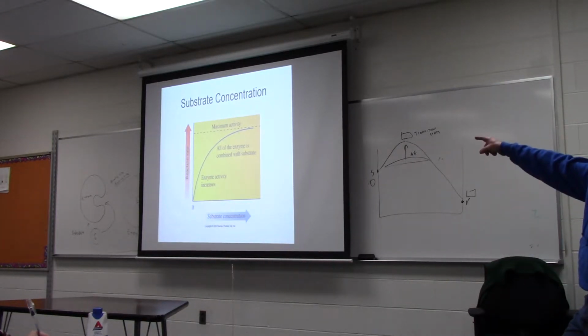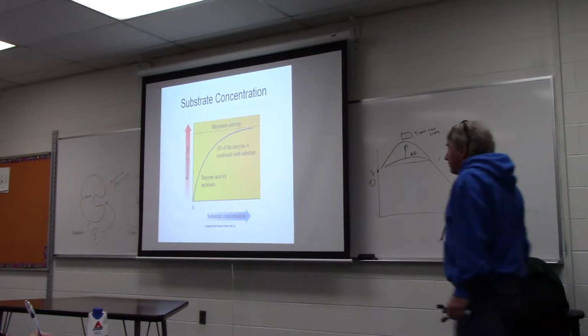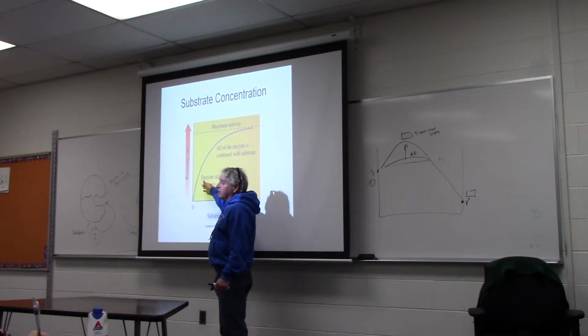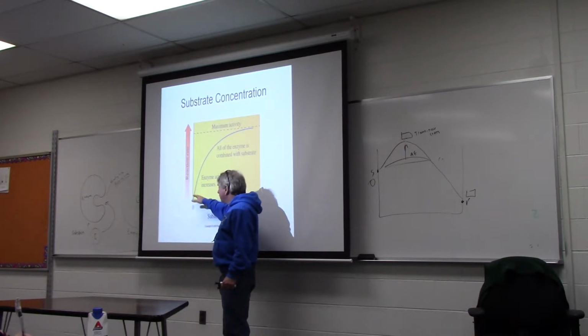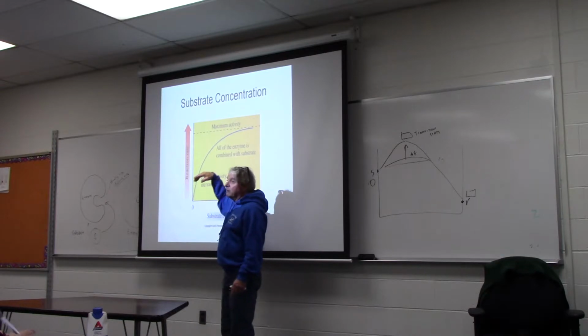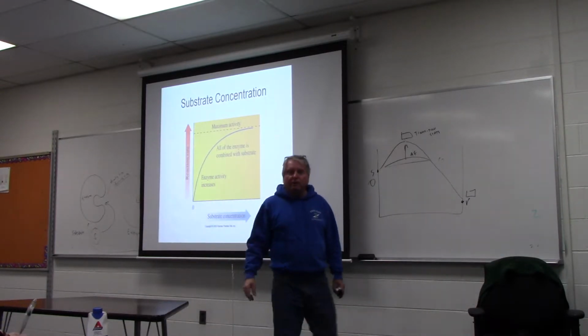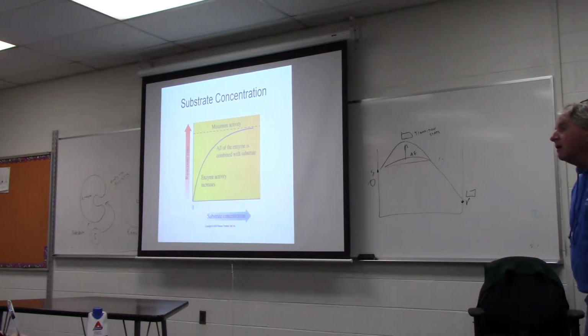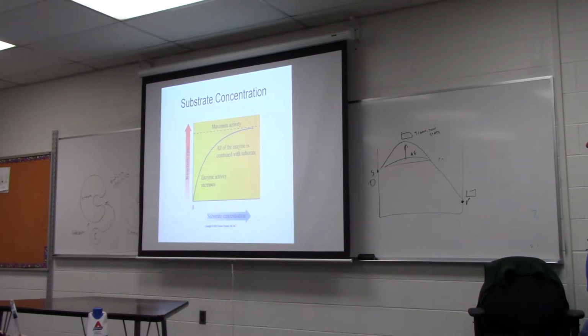And that's what this is showing: as you add substrate, the reaction will increase until it can't do it as fast anymore. So you can increase productivity of an enzyme until the enzyme reaches its maximum activity.